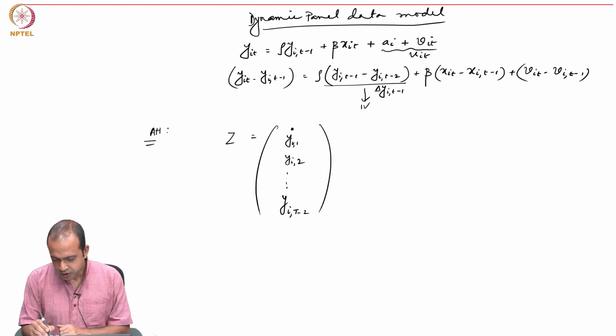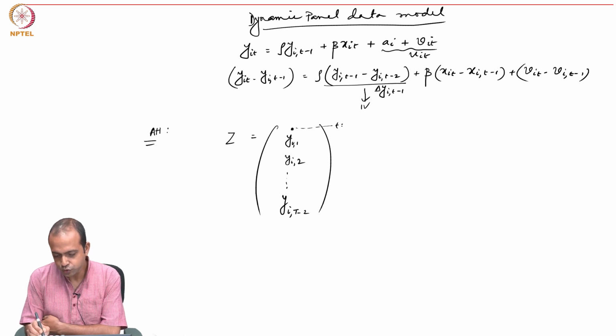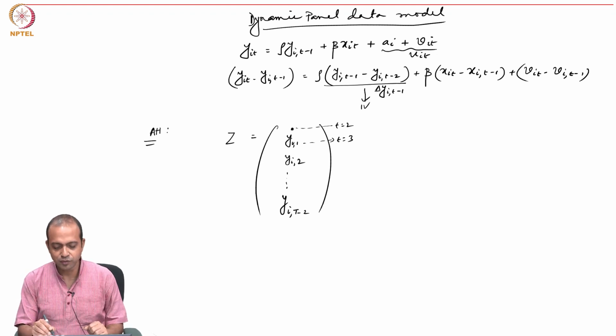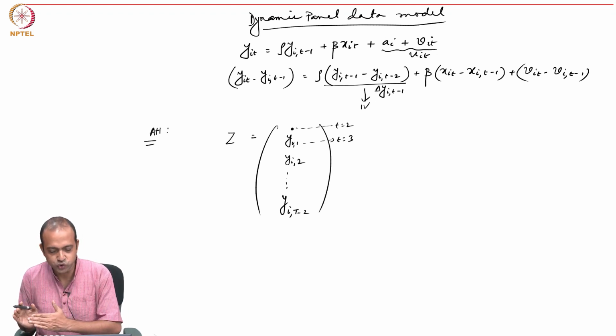So y_i1 is for the second period, and then this is for t equals 3. First observation is available for t equals 3, and the first row indicates t equals 2, and that observation is lost for each panel, so sample size goes down.